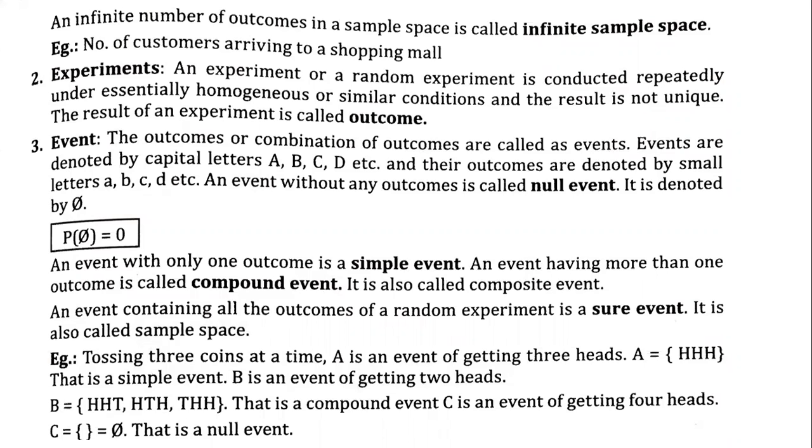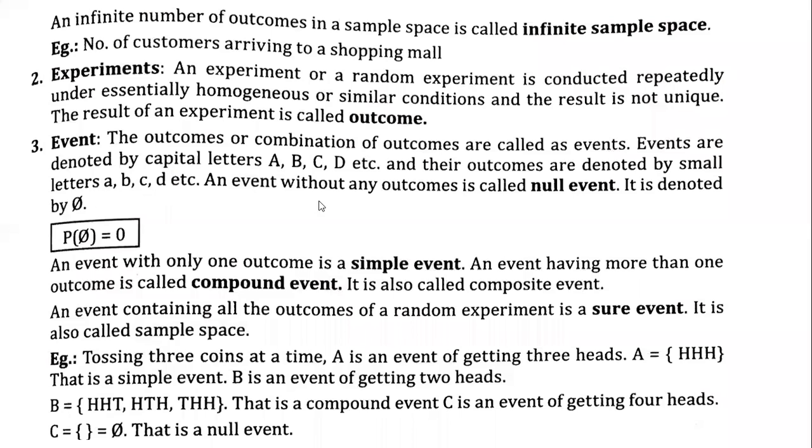Now, a random experiment is such that it is repeatedly conducted under a similar situation or similar condition. We kept on tossing the coins. They were standing there for some time and they were tossing the coins. So that is an experiment which was conducted.